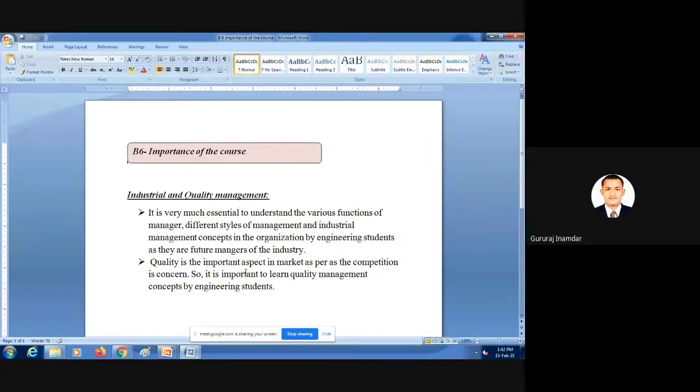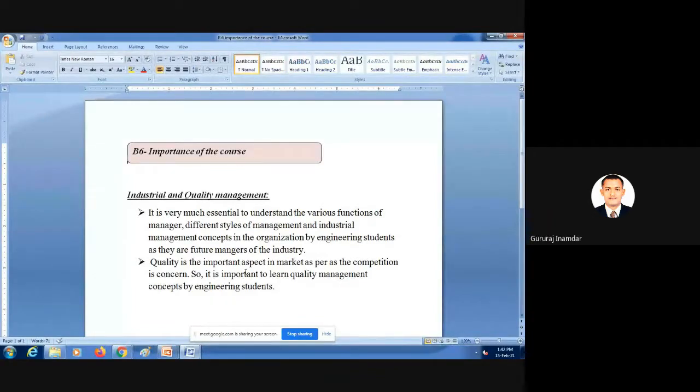Why is this course included in our syllabus? Because we are in the last semester, and in the last semester they have introduced the industrial and quality management study. Why? Because you will become a manager at the end of this semester.